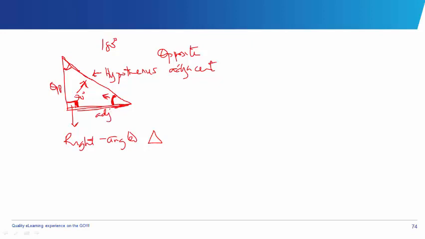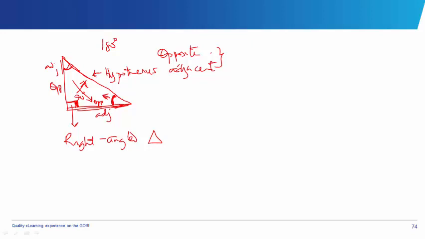If we're talking about this other angle, this side now becomes the opposite, and this other side now becomes the adjacent. So the opposite and adjacent change depending on the angle we're talking about, but the hypotenuse is always the same. It's the side that faces the right angle.